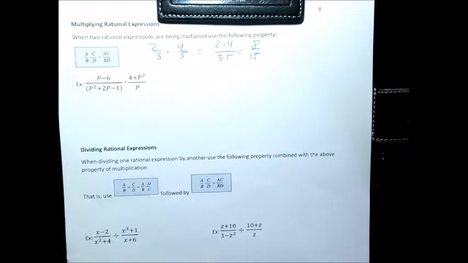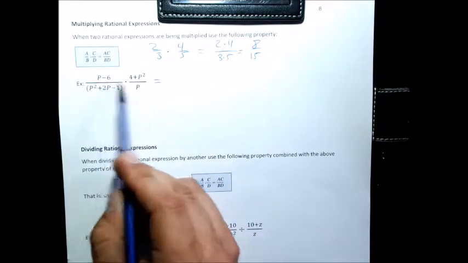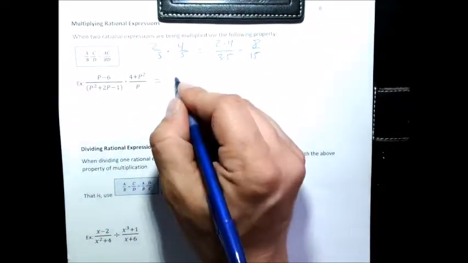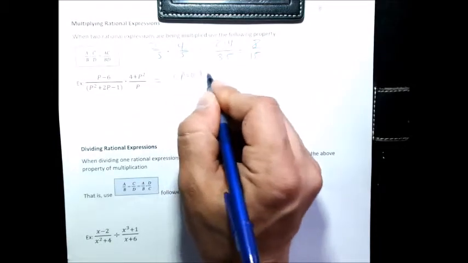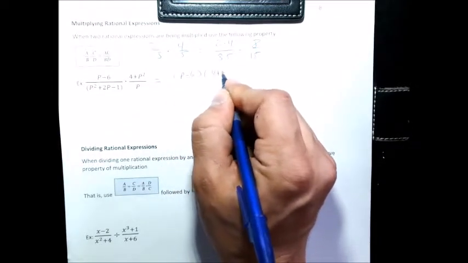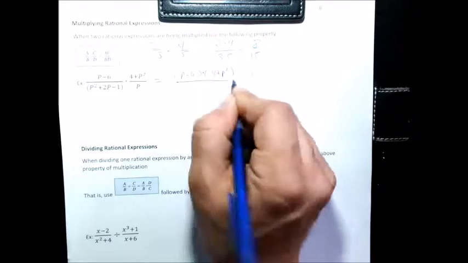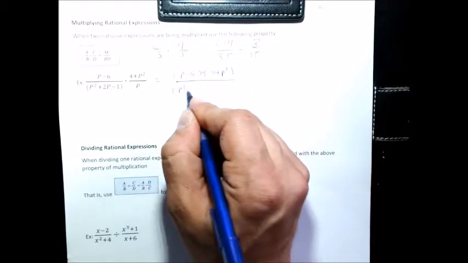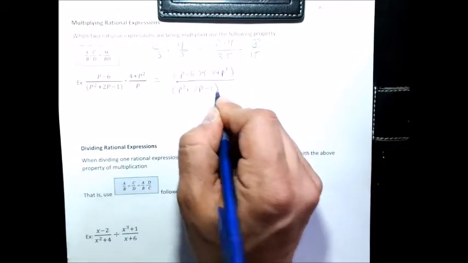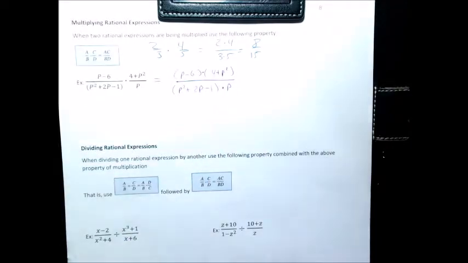So on this first one, we've got two fractions that are being multiplied, and we're just going to multiply the numerators together, and we multiply the bottoms together as well. We just put them right into the same fraction. It looks like the same problem, but now they're in one fraction.